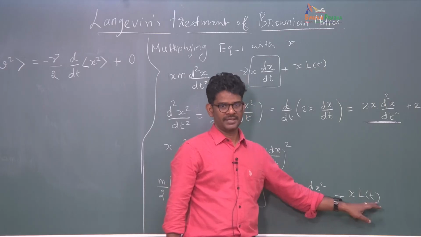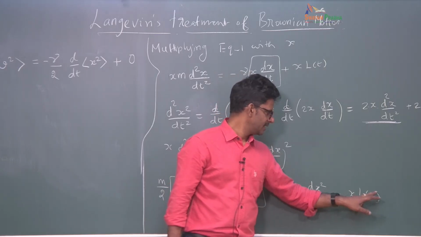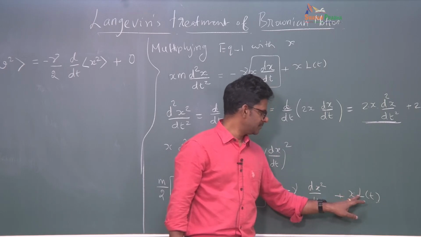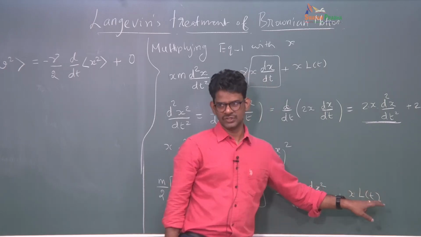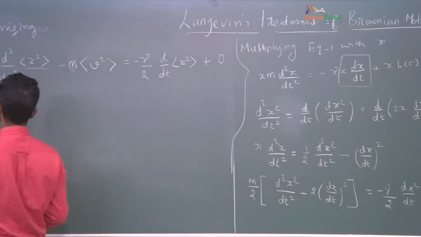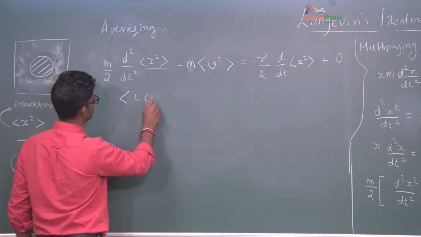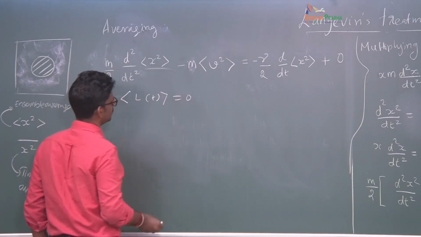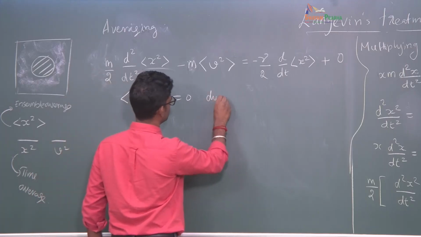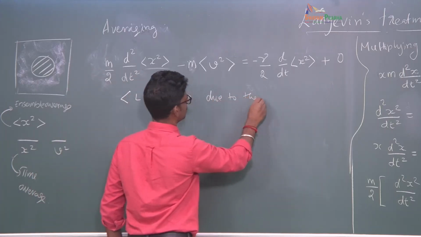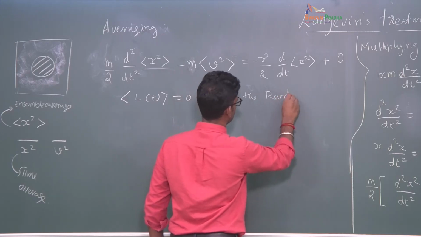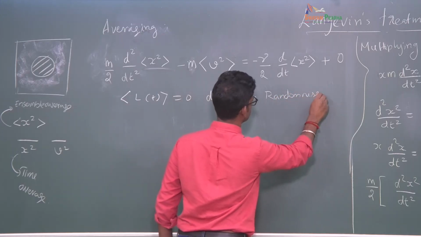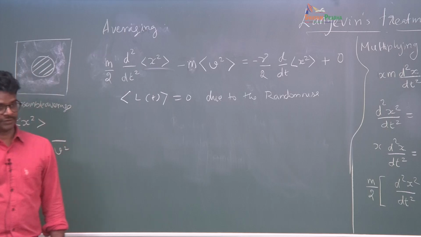So when you write the mean of this product, you will see it is the mean of x multiplied by the mean of L of t, and the mean of L of t is 0 due to the randomness of nature.